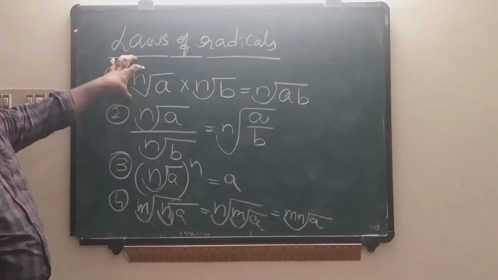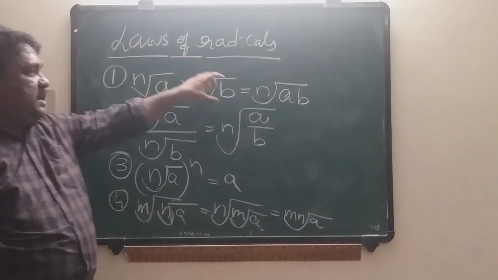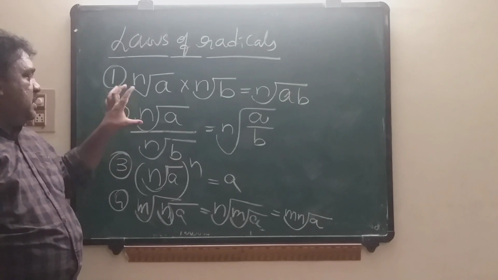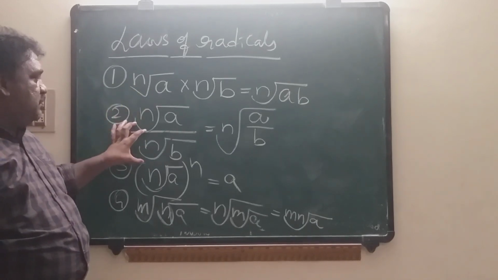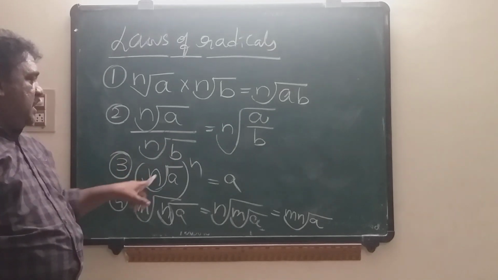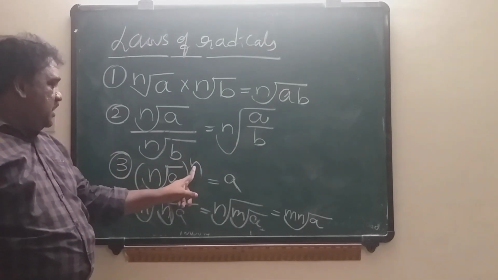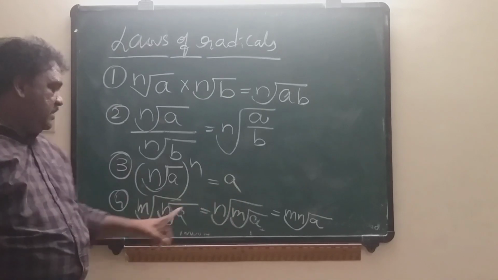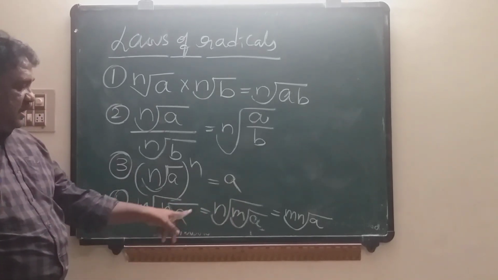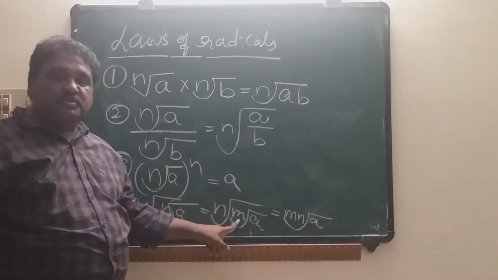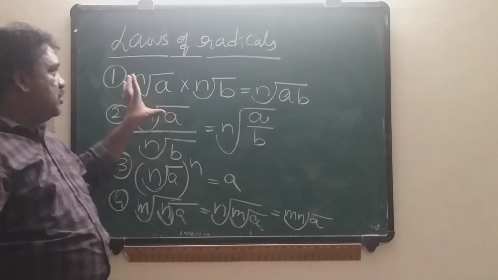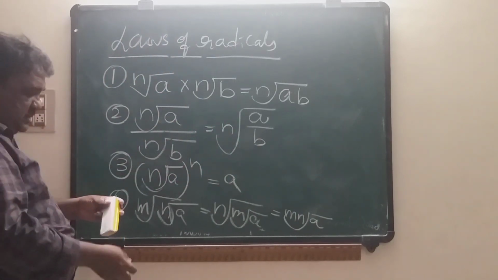First, nth root a into nth root b equals nth root ab. Number 2, nth root a by nth root b equals nth root a by b. Then nth root of a whole power n cancels, giving a. Last one, mth root of nth root a equals mnth root of a. This is about the laws of radicals.